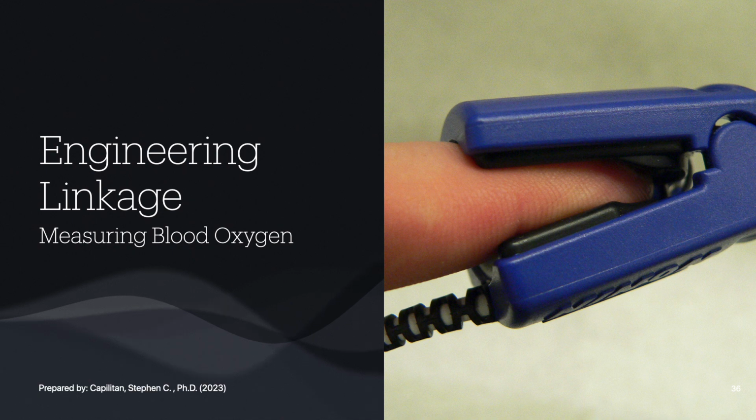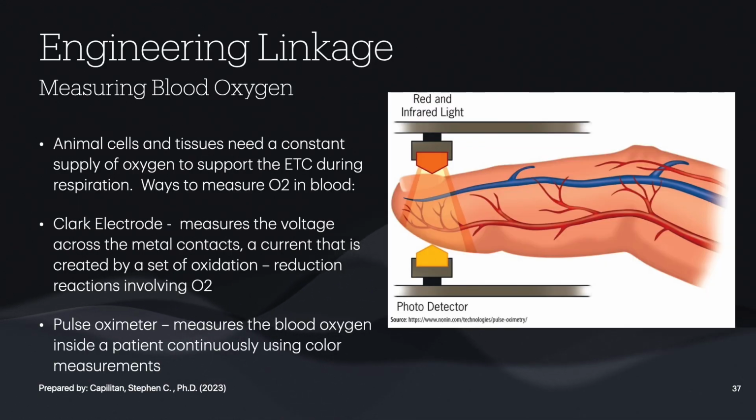Now we move forward with the engineering linkage and how we measure blood oxygen. Animal cells and tissues need a constant supply of oxygen to support your electron transport chain during respiration. We have a lot of ways to measure oxygen in your blood.